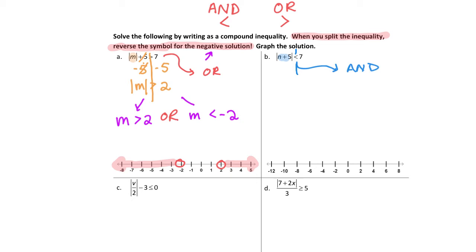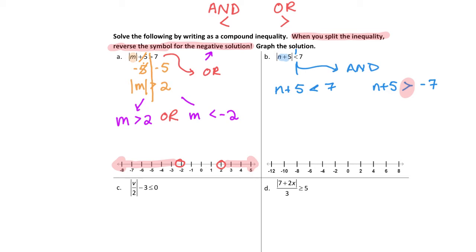So I'm ready to split this apart into 2 right now. So this is going to be n plus 5 is less than 7. And then don't forget, for the n plus 5, we're going to reverse that inequality and make it greater than -7. It's so easy to forget to reverse that symbol. So please, please, please don't do that. Don't forget to reverse that symbol on the negative possibility.